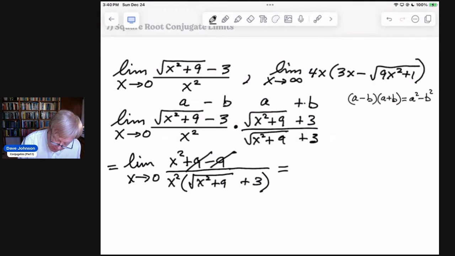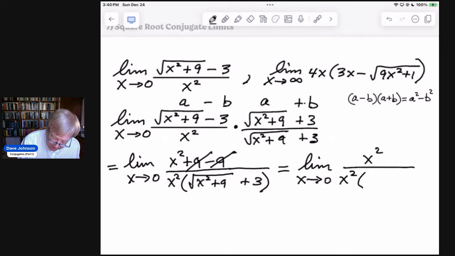Okay, so I can rewrite this as limit as x goes to 0 of x squared upstairs, divided by x squared times the square root of x squared plus 9 plus 3 downstairs. Now we still have an indeterminate form, right?